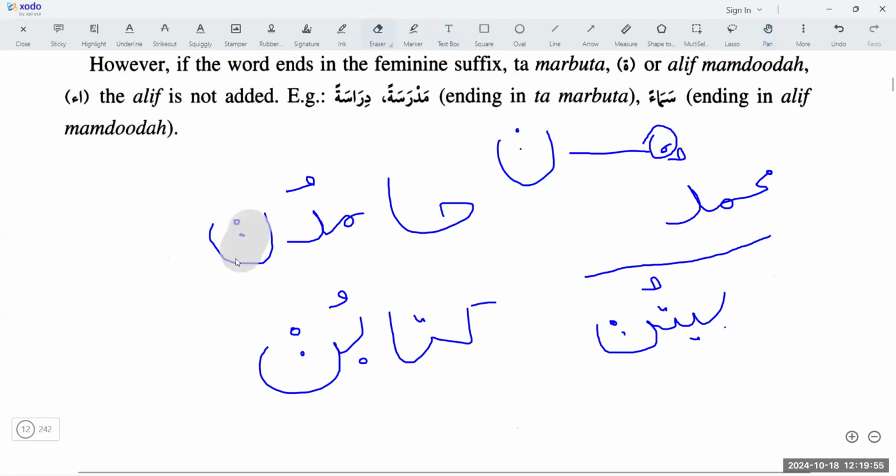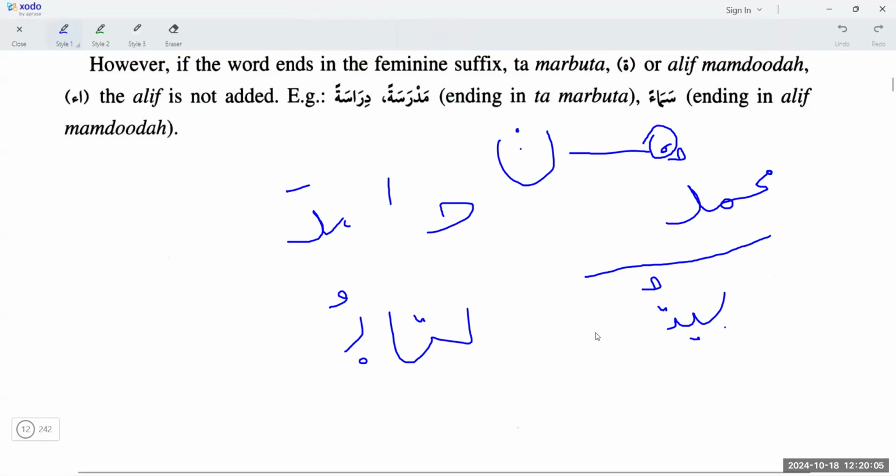So we will delete the noon and after deleting, we will double the vowel. Baytun, Hamidun, Kitabun.